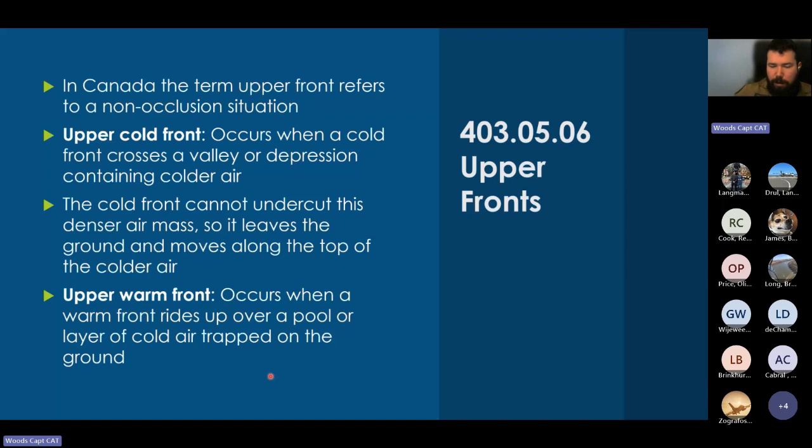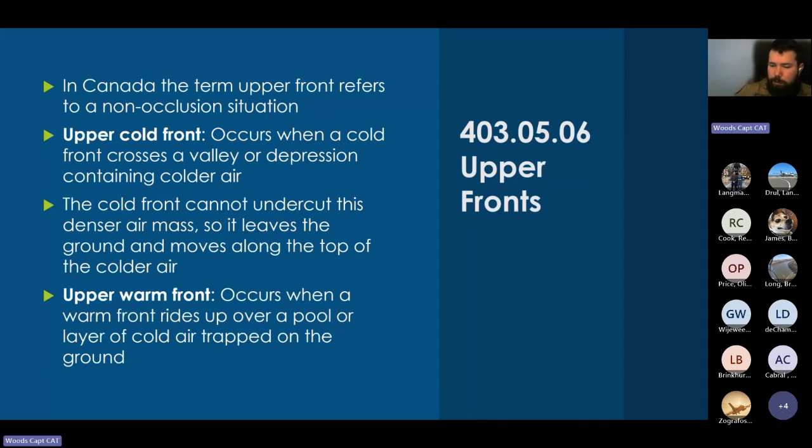And then similarly, an upper warm front is when a warm front is passing over cold air in a valley. We don't have too much to worry about with these. Typically, the weather associated with these is going to be the weather of the front that's passing by. So if a warm front is passing by, we're going to get all the weather and precipitation of that warm front, even when it's an upper warm front.